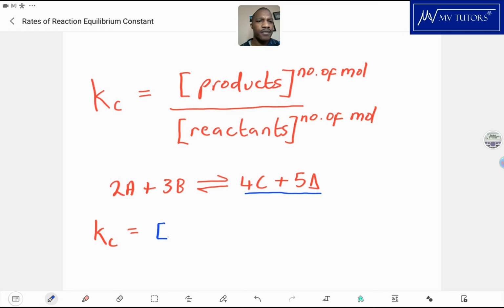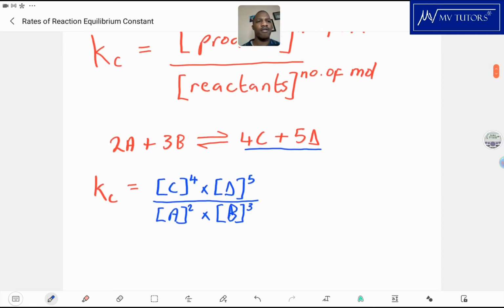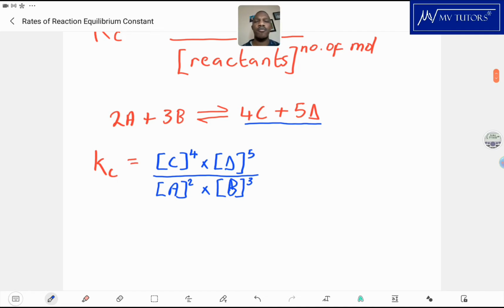We have the concentration of C with 4 moles as the exponent, multiplied by the concentration of D, with its number of moles as an exponent, divided by the concentration of A with 2, times B, not dB, sorry, with 3 as the number of moles. So that's one principle that we need in order to be able to answer the question.